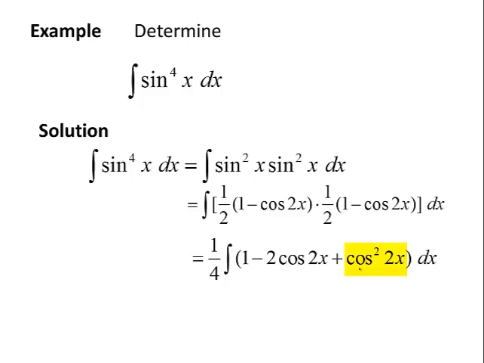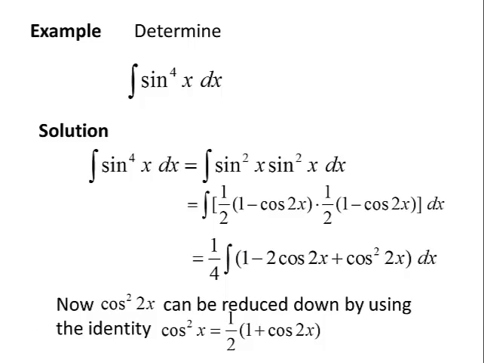But notice right here, cosine squared 2x, we have an exponent of 2. So a natural question would be, can we use the power reducing identity to reduce this down? And the answer to that question is yes. We can take that cosine squared 2x and reduce it down by using our power reducing identity.